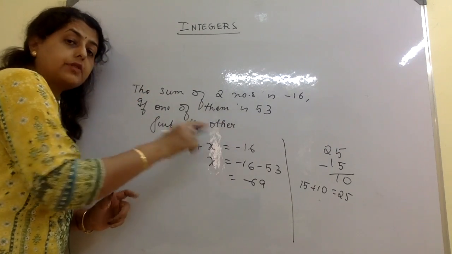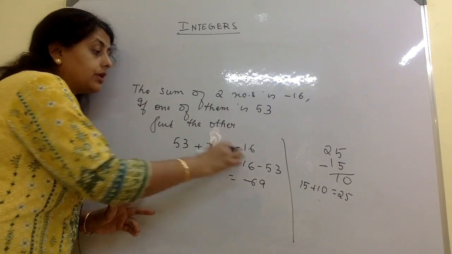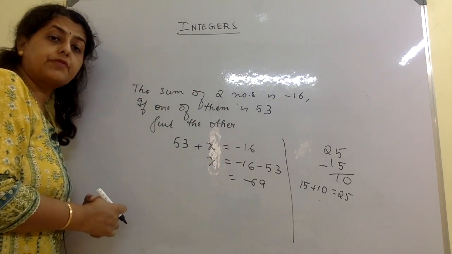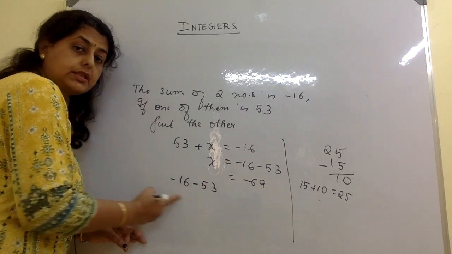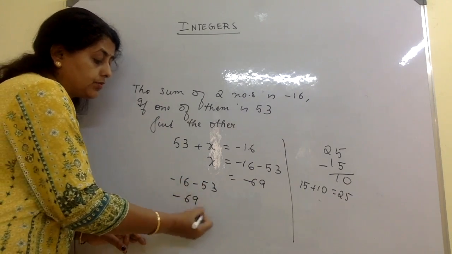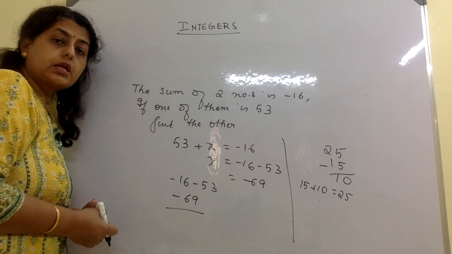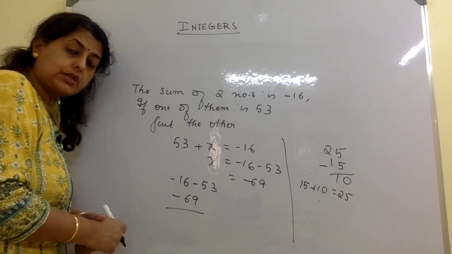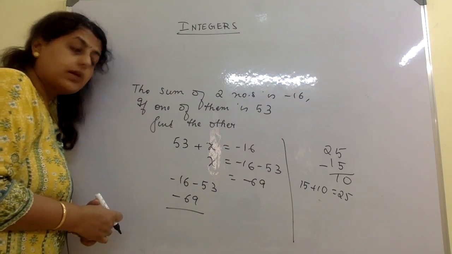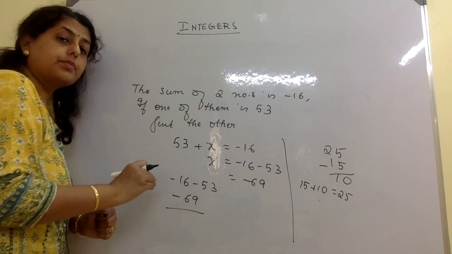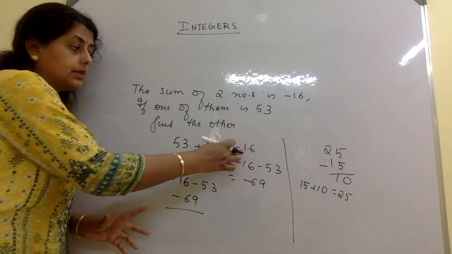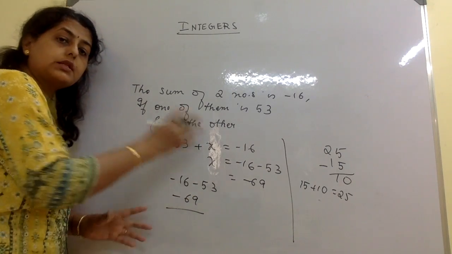Here the sum is negative, fine, but still from that we are going to subtract the 53. Same sign, common sign written, and numbers are added. So you get your answer. You are doing it without linear equations, just by using your common sense.